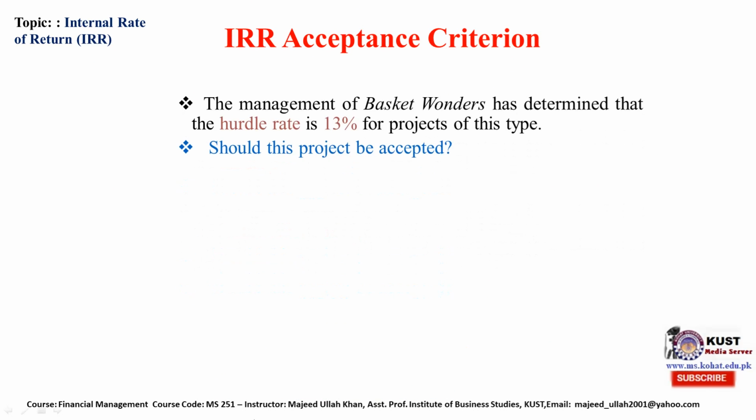What is the acceptance criteria? Every firm has its hurdle rate, or its required rate of return, that is set for accepting or rejecting the project, or for calculating the present value of the project. So for the basket wonder, this hurdle rate is 13%.